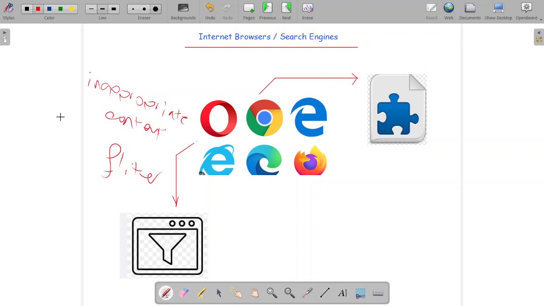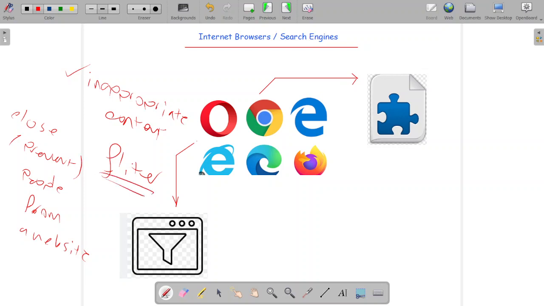Or you can use filters to prevent people from a website that is, for example, making trouble or convincing people to do bad things, whatever it is.